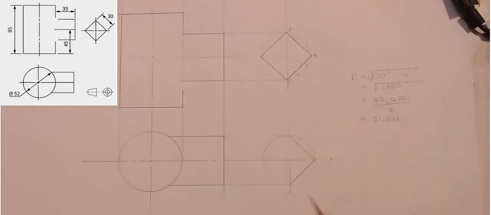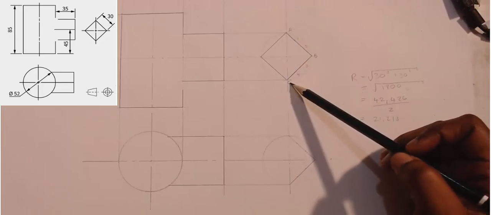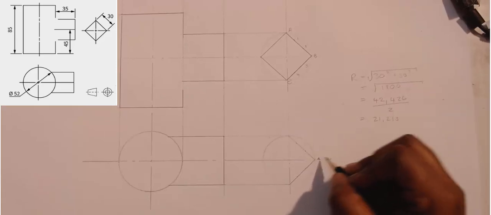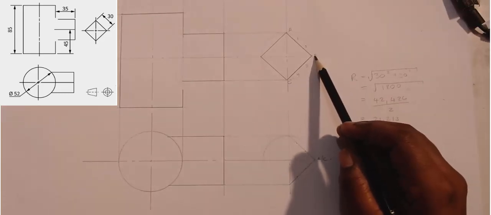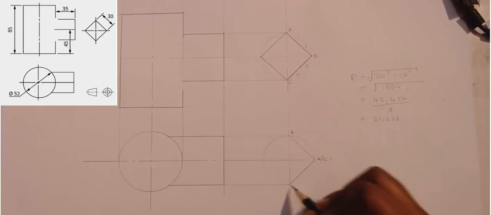Same thing. So now if my A and C was here on the front view, that means on the top view, my A and my C is going to be at this corner right there. Now that means if my B is here on the front view, my B is going to be here.